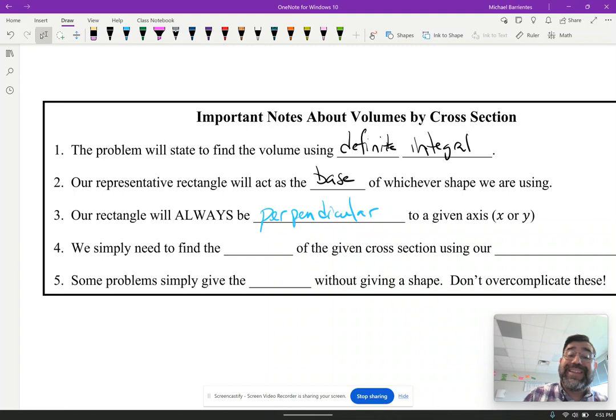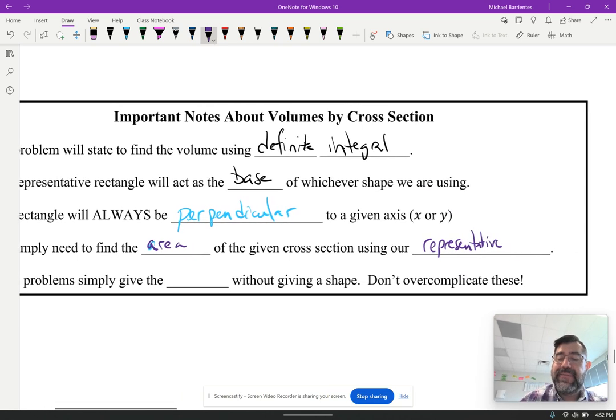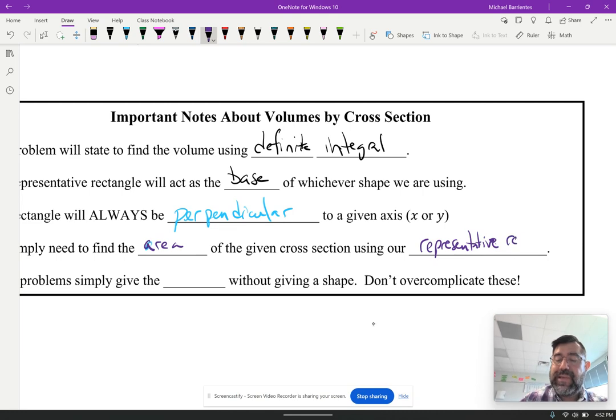We simply need to find the area of the given cross-section using our representative rectangle.